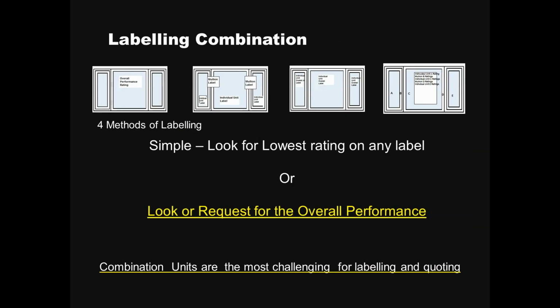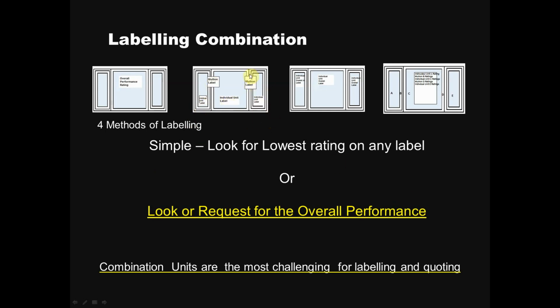Now, when you get into the combination ones, it's a little bit more tricky because you get four types of labeling on here. But the key for this stuff is to look for the overall performance ratings. Sometimes they'll label each. As you can see, you got an overall performance here. So this one here, you've got one for this window, one for the mullion, one for the window, one for the mullion, one for the window, right?